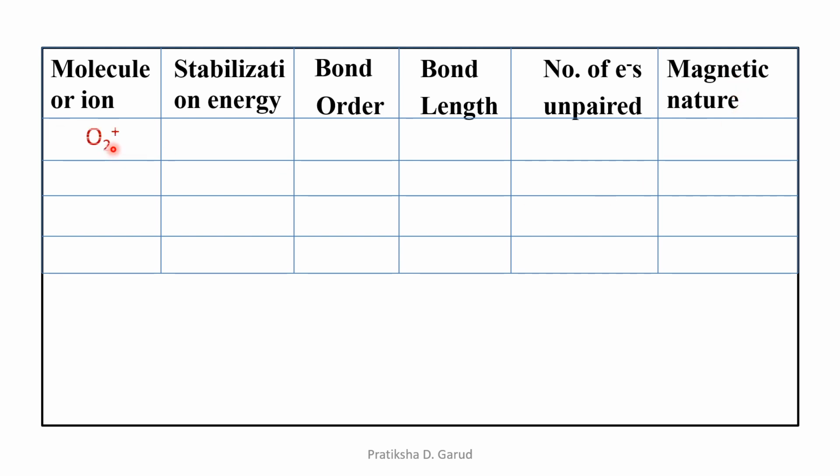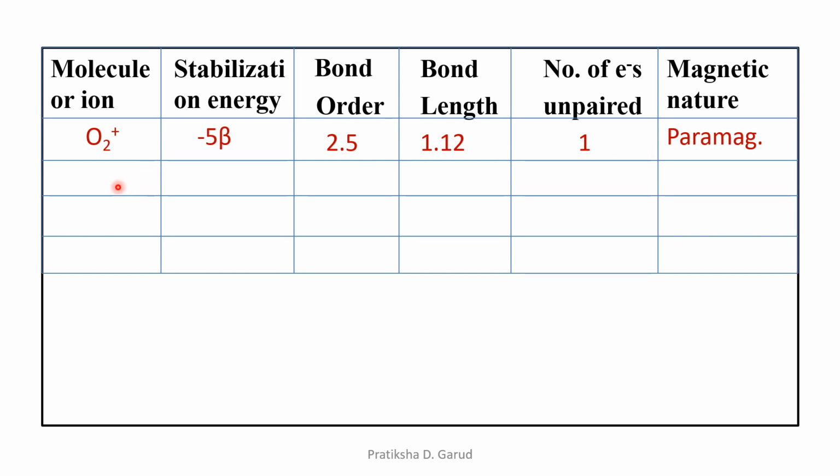So the first molecule of the ion is the O2 plus. Its stabilization energy is -5 beta, bond order 2.5, bond length 1.12, and number of unpaired electrons is 1. So as there is one unpaired electron, we can say that this O2 plus ion is paramagnetic in nature.